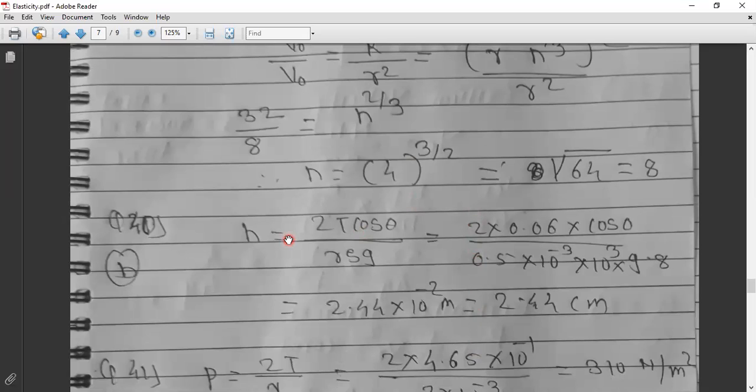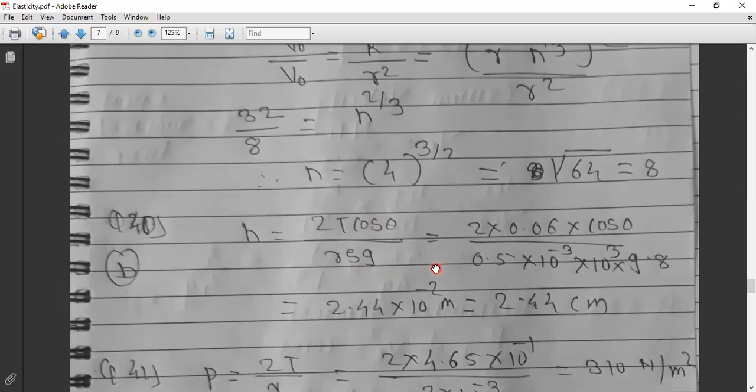If the surface tension of water is 0.06 Newton per meter, the excess pressure inside the water drop of diameter 1 millimeter is. Water means the angle of contact is equal to 0. Surface tension is also given, 0.06 Newton per meter, as well as theta equal to 0.